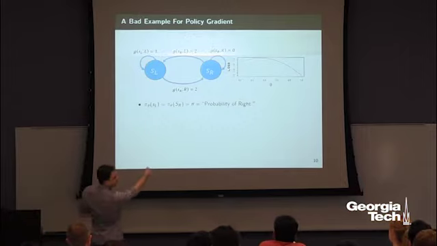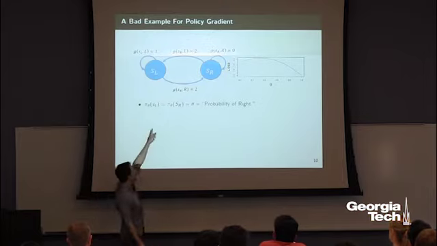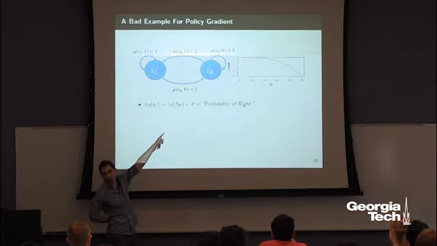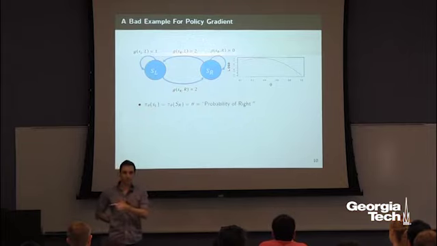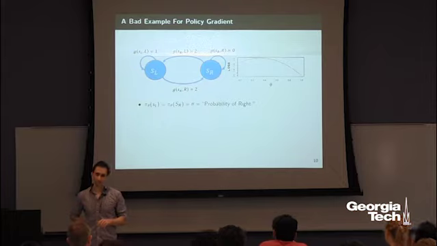Okay, now behavior like that is captured by a parameterized policy that has only one parameter. So there's going to be a number, theta, that's between 0 and 1, and that's the probability that I move to the right regardless of the state I'm in. Okay? So theta equals 1 is the global minimum of this.